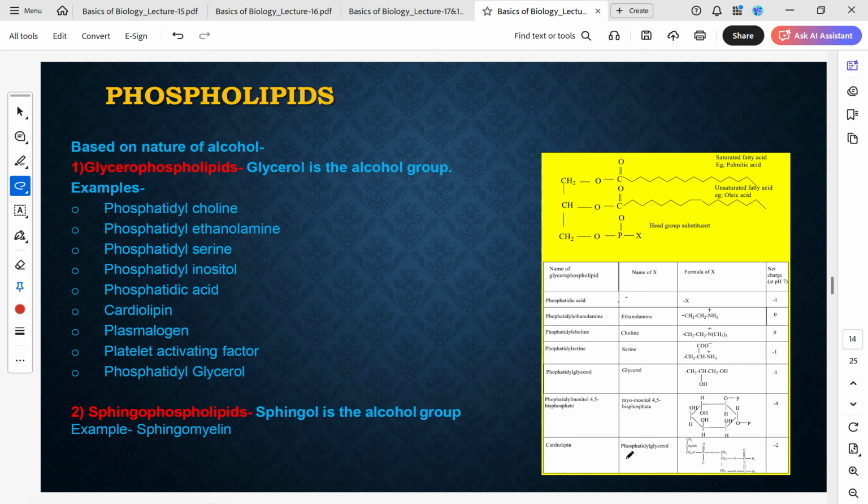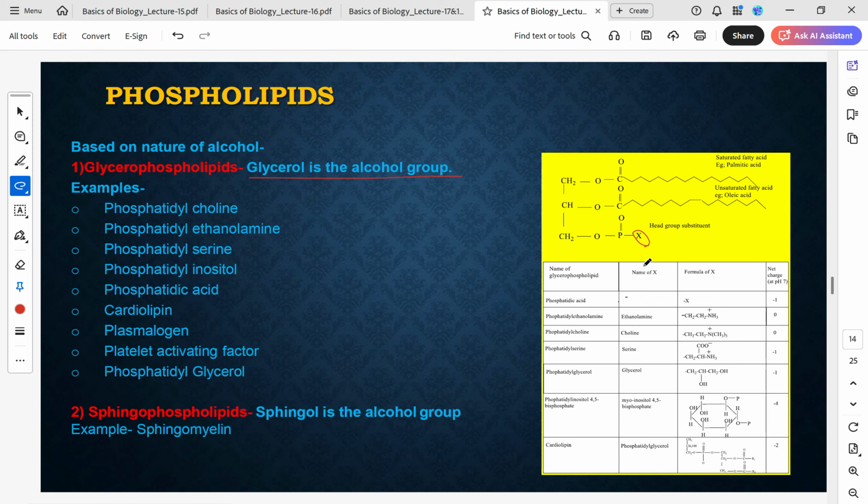Coming to the first one, glycerophospholipids. Glycerol is the alcohol group, and this is the general structure. Depending on X, the head group substituent, the names vary, but this is the general structure. There is a glycerol group, there is unsaturated or saturated fatty acid chains.